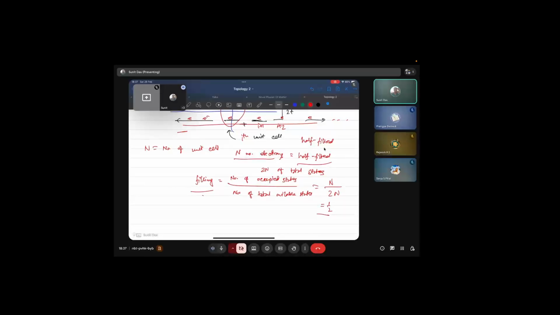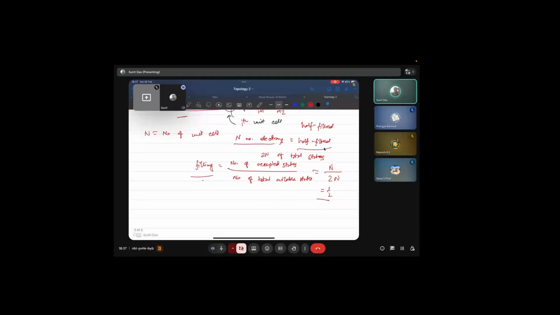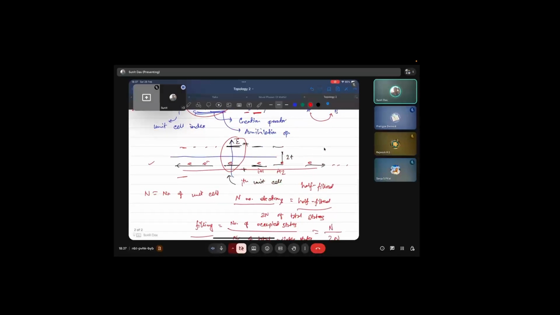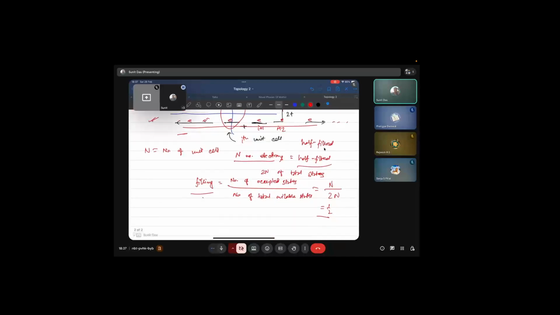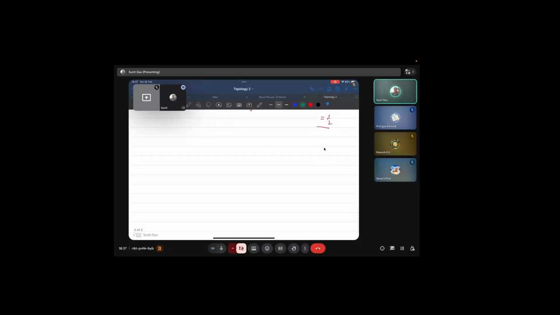Now, if this is the case, basically what happens is that your real space picture looks like this, and then if you go to the K space by Fourier transform, so you do a Fourier transform.